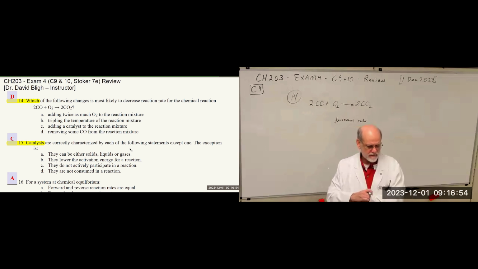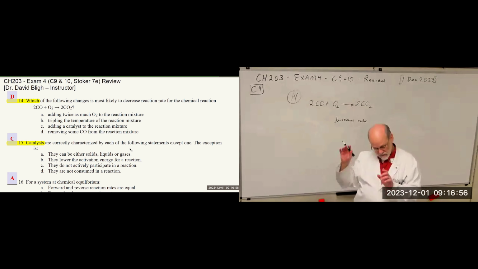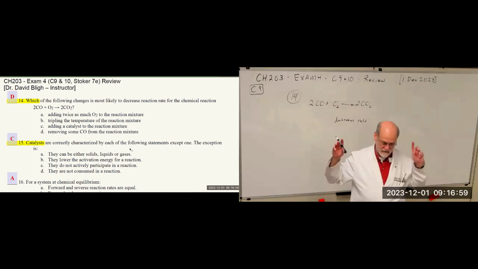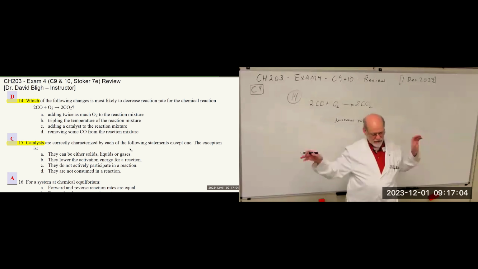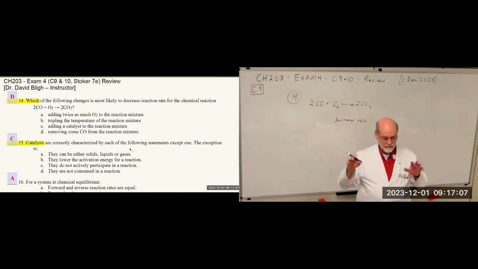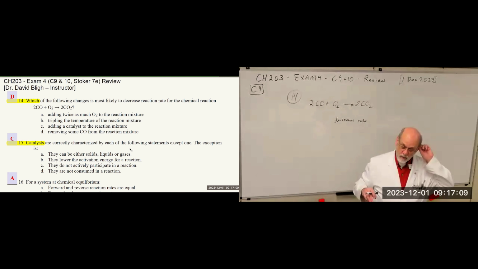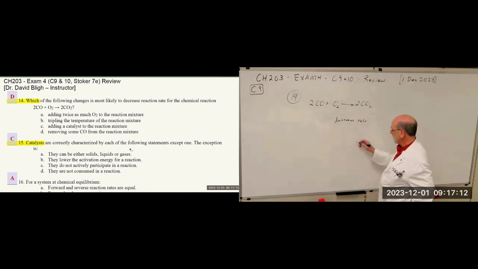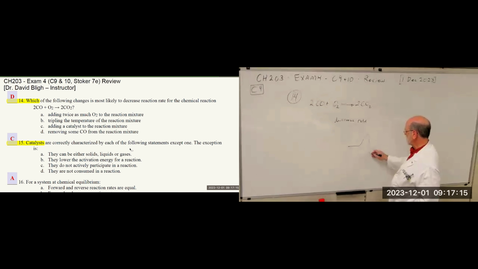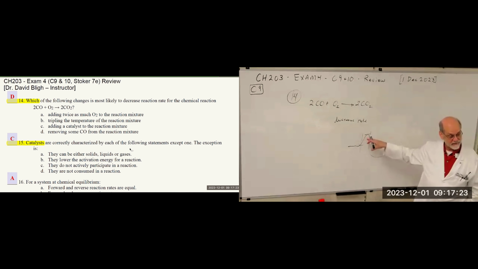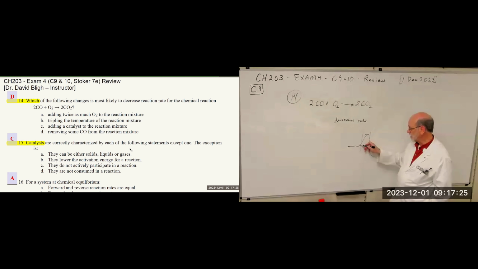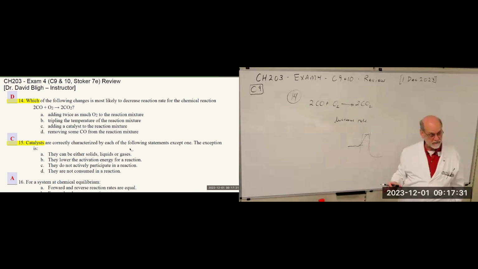Like I said before, the rate and the reactants and products can be treated separately. You could consider this one without a catalyst. If you add a catalyst, it decreases the activation energy required, which increases the rate.